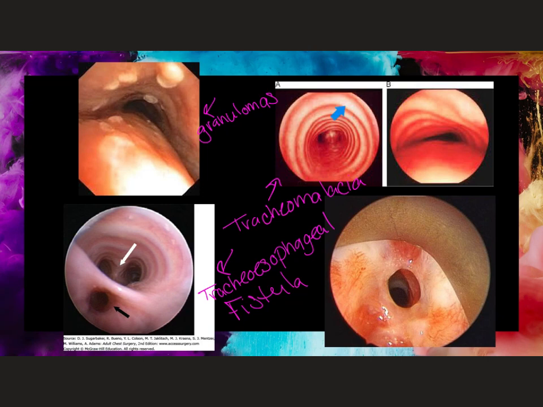So you can see in that first picture in A, these are normal rings and a normal patent airway. With malacia, you can see they're softened rings and it causes the airway to collapse. And then this last one is tracheal stenosis. So you can see that scarring of the airway, and then the narrow airway because of that.